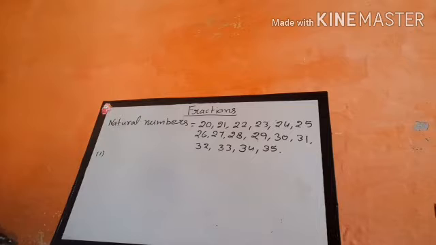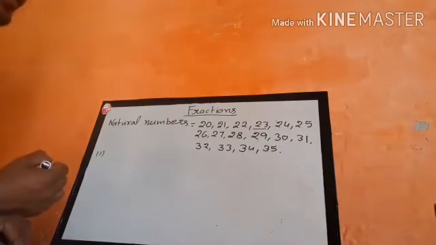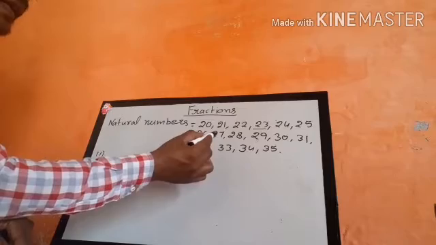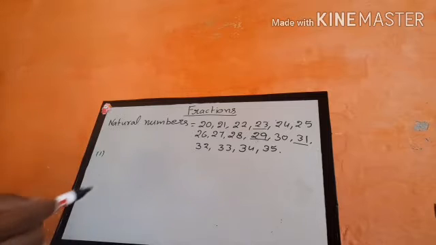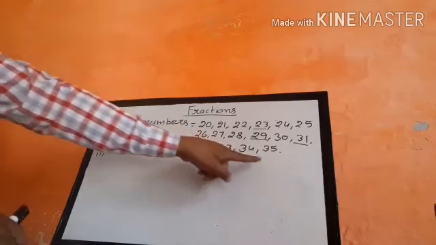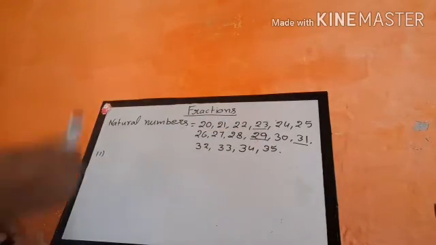So first let's find the prime numbers. What are the prime numbers between 20 and 35? The first prime number is 23, then 29, then 31, and after that none. So we can see from 20 to 35 there are only 3 prime numbers.